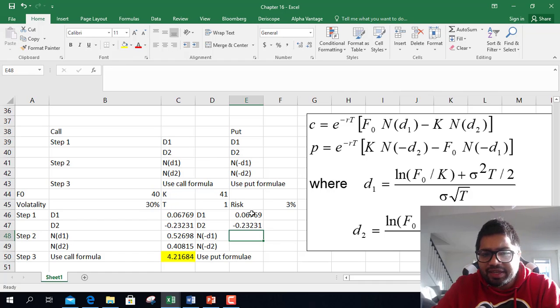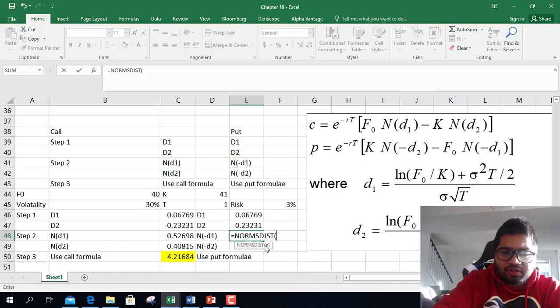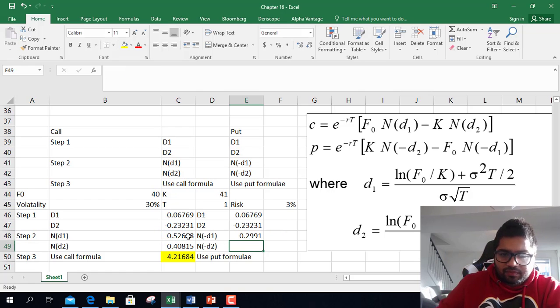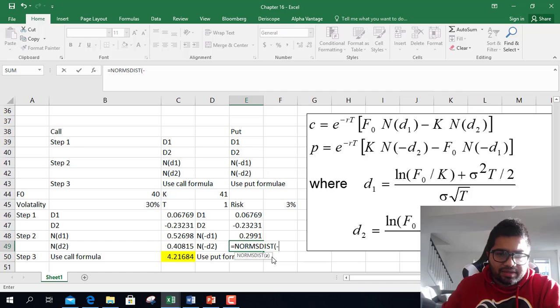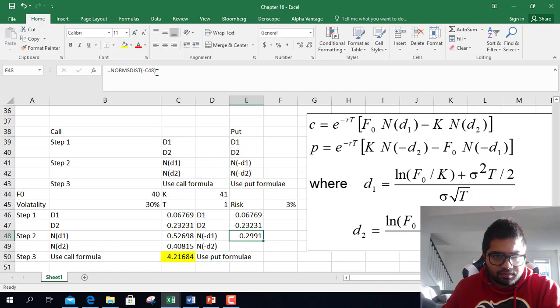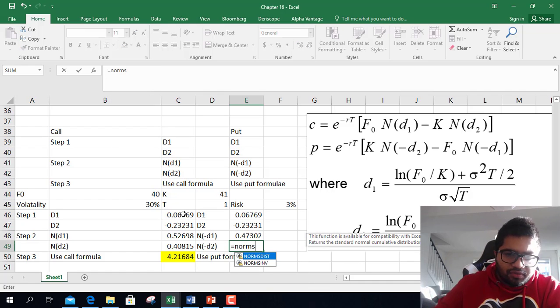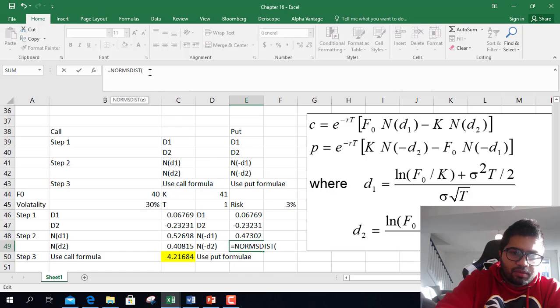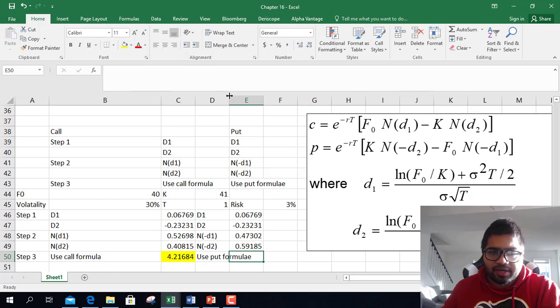Now instead of N(D1), we have to calculate the normal distribution of minus D1, and in the same way the normal distribution of minus D2. Now we'll use the put formula.